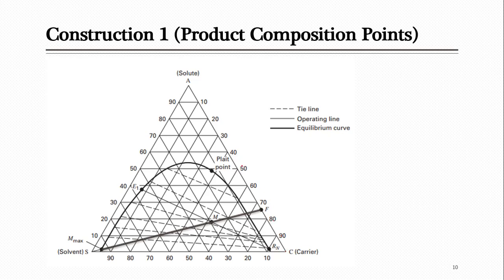By the way, sometimes you can forget what these numbers are representing, or which component they are representing, because from here maybe it is either A or C. So just look, as you know, on the apex on this corner, any component which is written is 100%, so carrier is here 100%. Now it will keep on decreasing as you keep on moving away from this: 90, then 80, then 70 and so on.